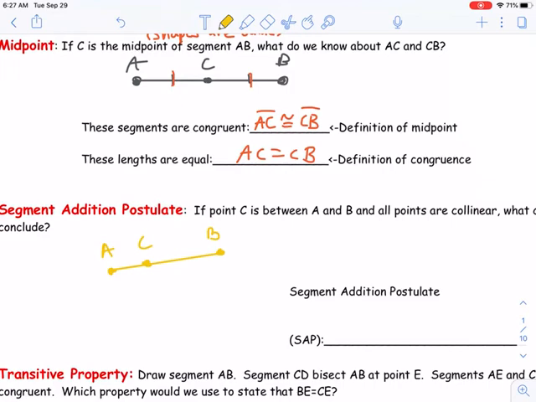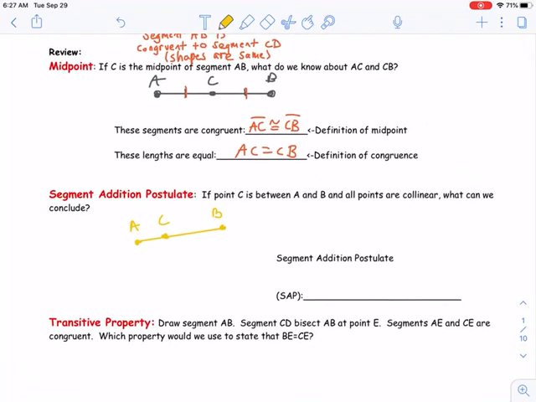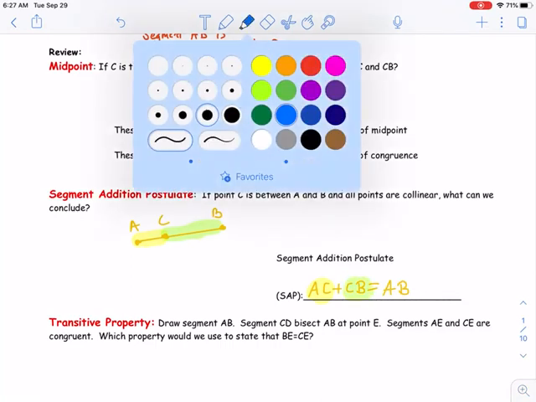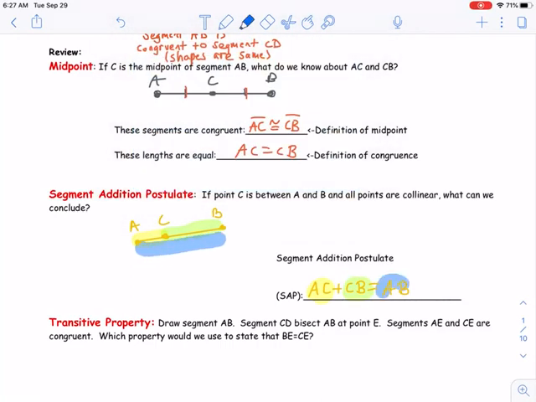Remember the segment addition postulate: AC plus CB equals AB, the whole thing. That's what we're going to be using in segment proofs. We're going to be using midpoints a lot and the segment addition postulate.